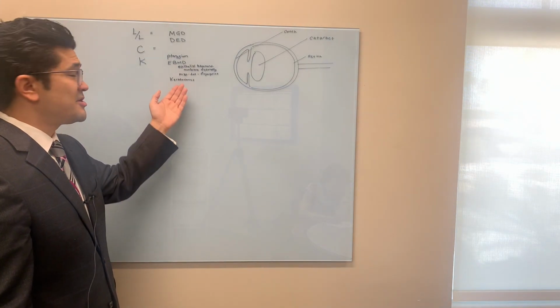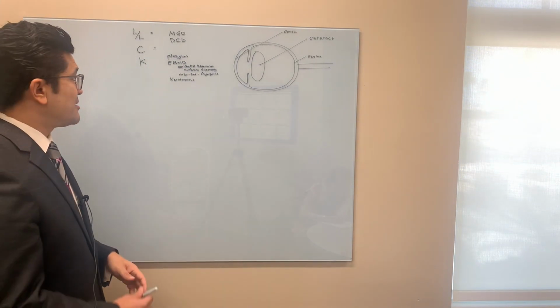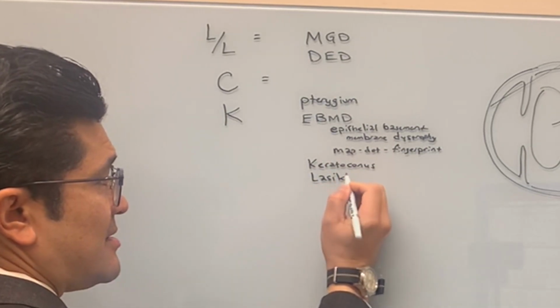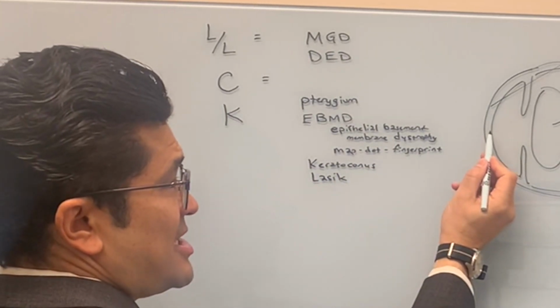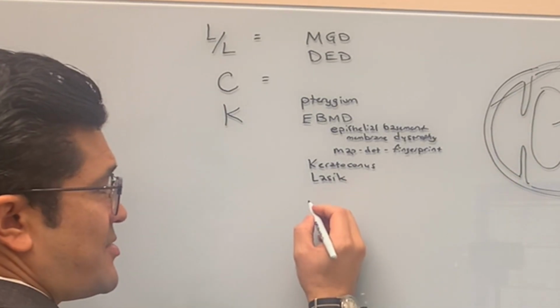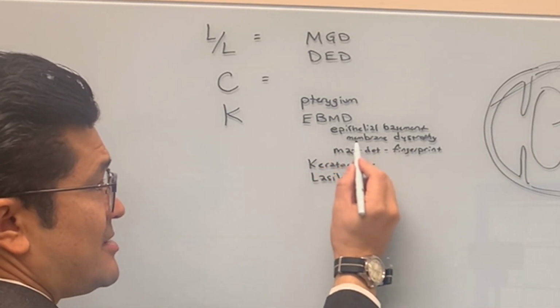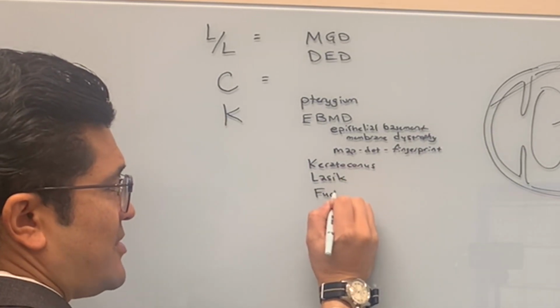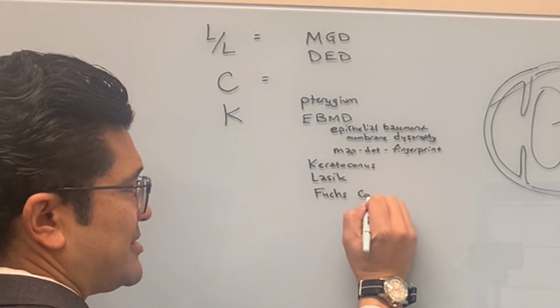And then we have the keratoconus patients, and the patients that have a history of LASIK. And then finally, as we go deeper into the layers of the cornea, the endothelium, there is endothelial dystrophy, and the most common for that is called Fuchs corneal dystrophy.